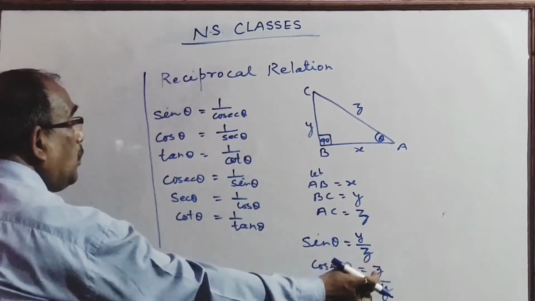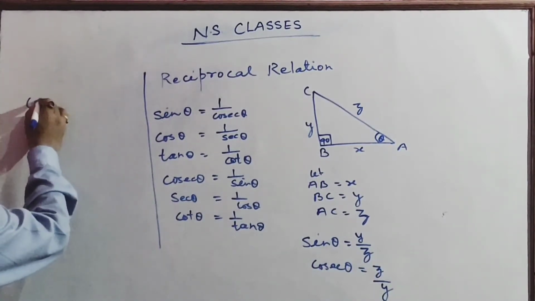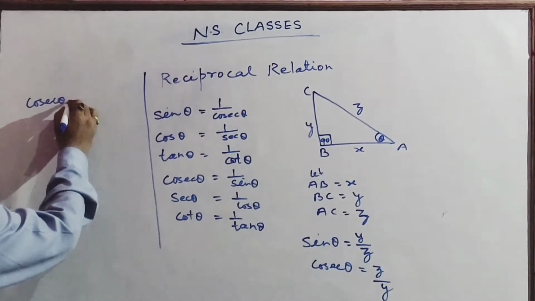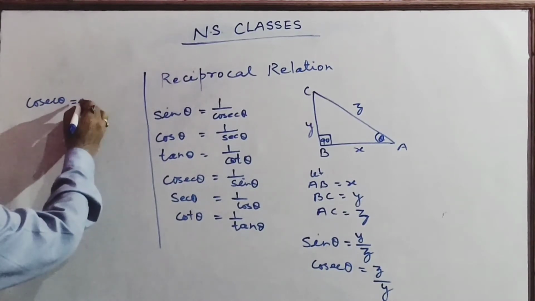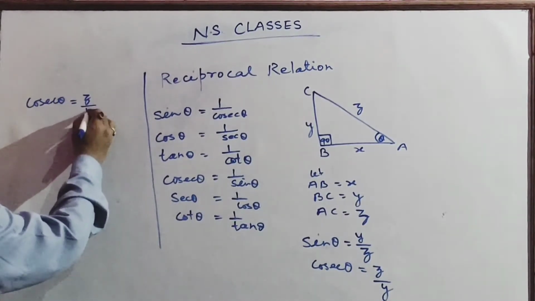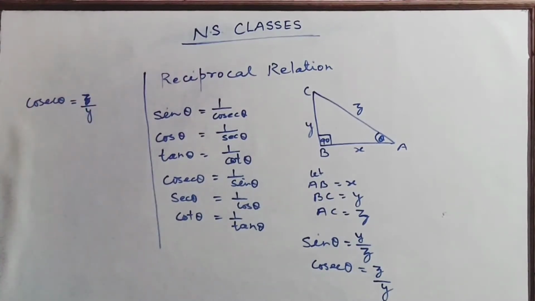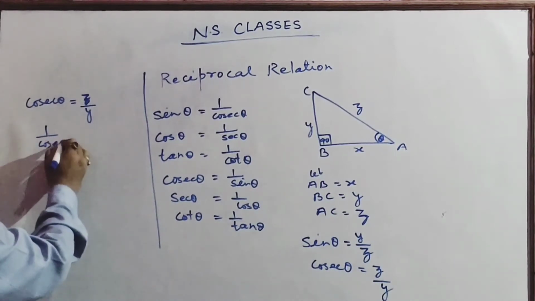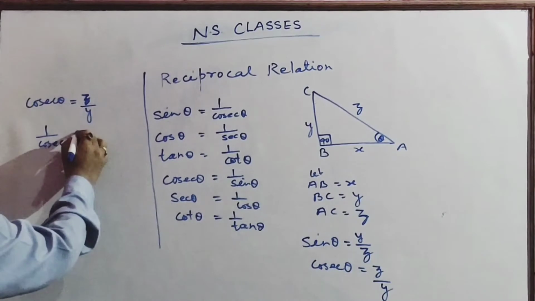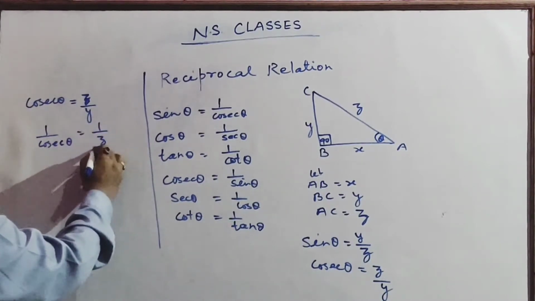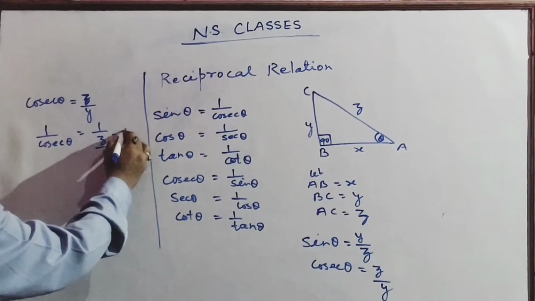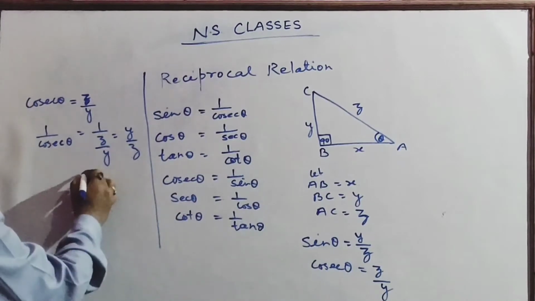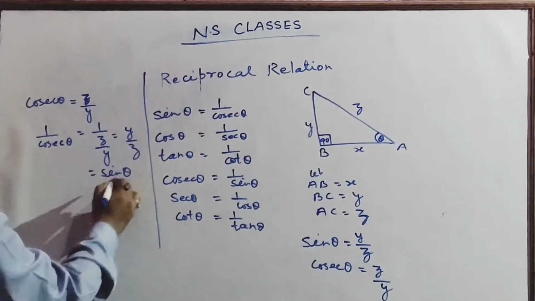We can write cosec theta is equal to z by y. Z by y is the cosec theta, and when I write 1 by cosec theta, then certainly it will be 1 by z by y, that is equal to y by z, which is equal to sine theta.